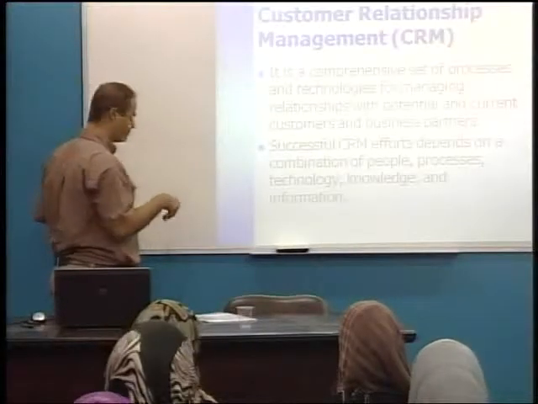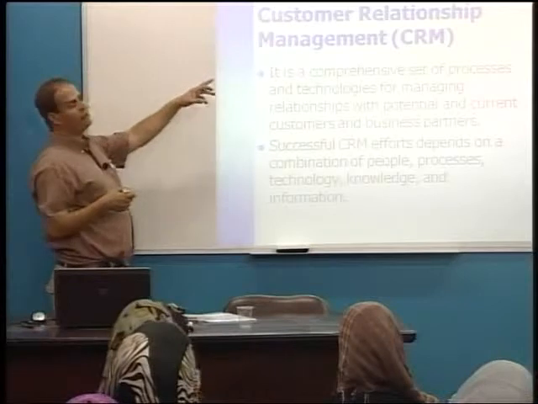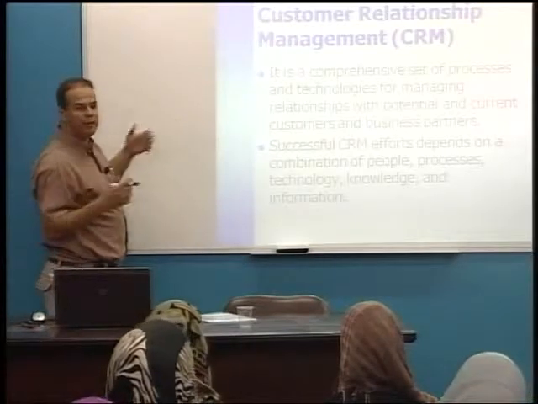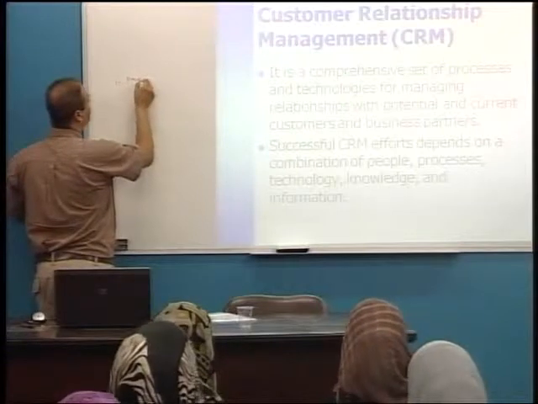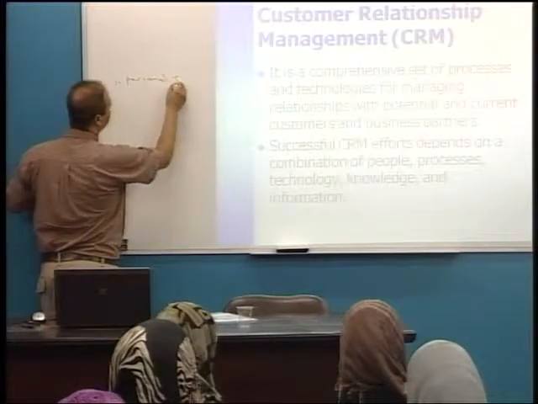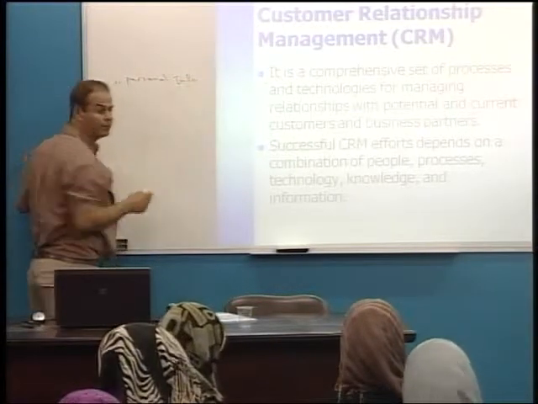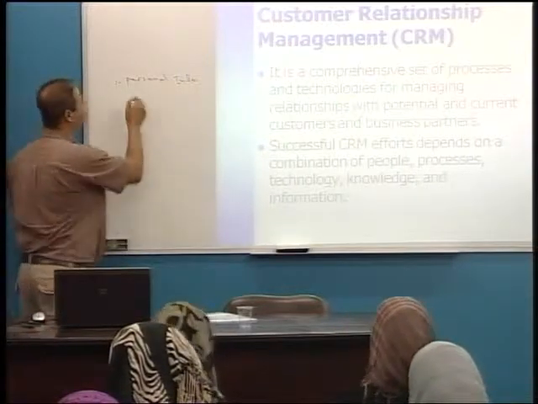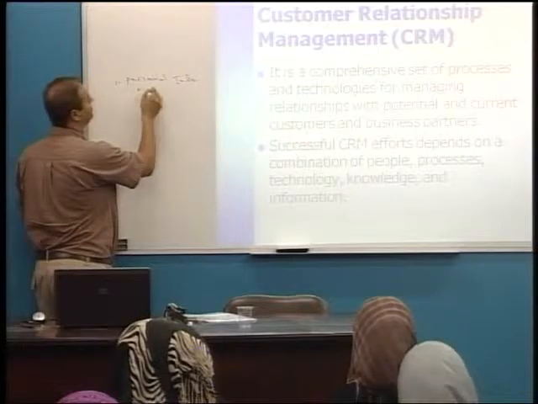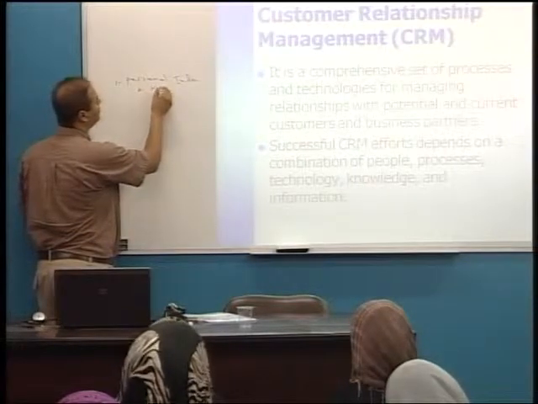Look at here. If we would like to establish a successful CRM, this means we are going to need something called personal information. This personal information will include, number one, names of the customers.